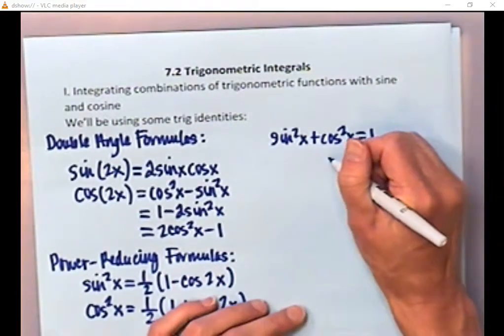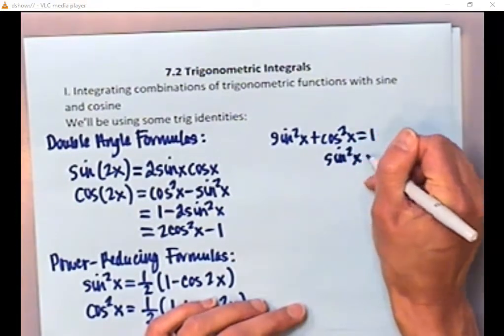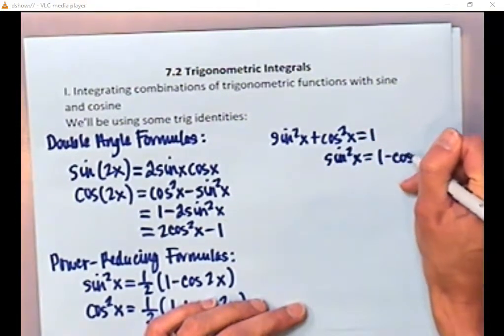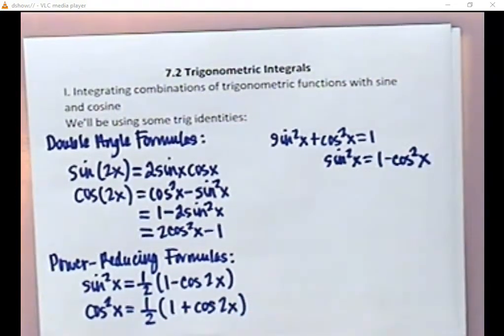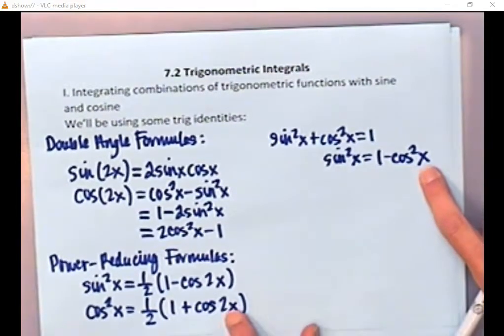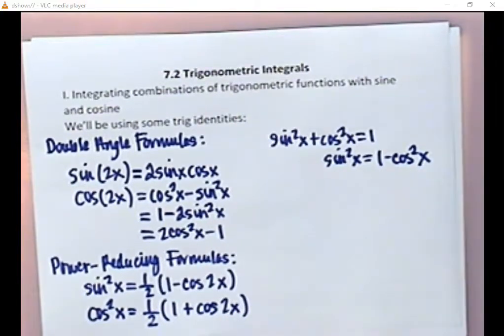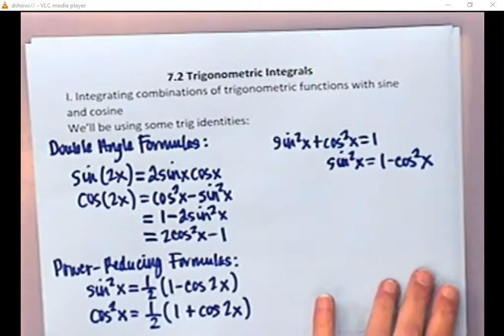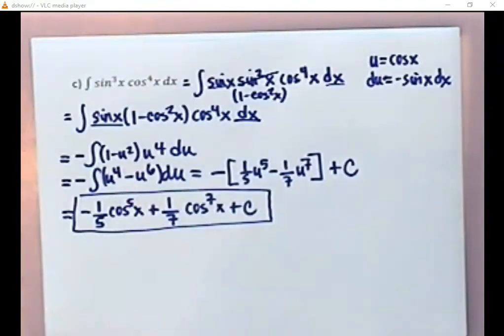And so that way, when I solve for sine squared, it would just be 1 minus cosine squared. And the reason I chose this one is to keep them consistent. Usually in the same integral, you don't want an x and a 2x, because then you can't use the u for the same thing. So that's kind of why I chose that one over the power reducing. So, yeah, good question. Other questions on that one?